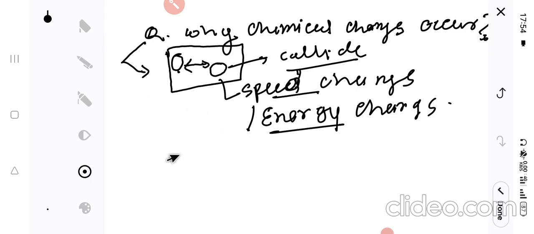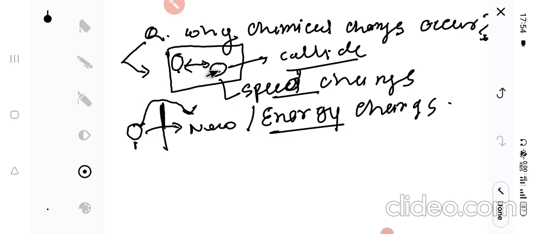What happens in this case? We know that an old substance changes to a new substance only if a minimum energy is supplied to the initial substance when it is to be changed into a new one. So a minimum energy must be supplied.